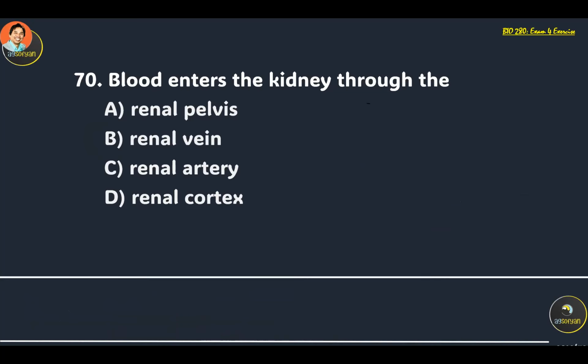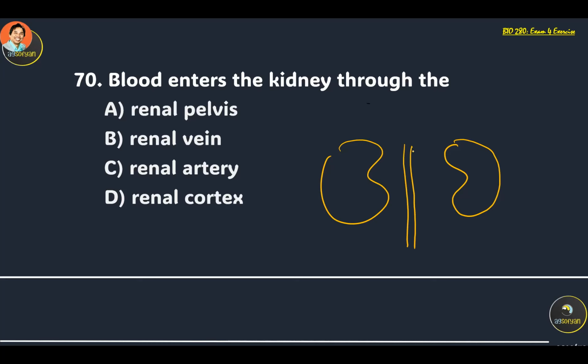Blood enters the kidney through the A, B, C, or D. This is kidney, this is kidney. We have blood vessel over here, okay? One of them is called artery, and the other one is vein.